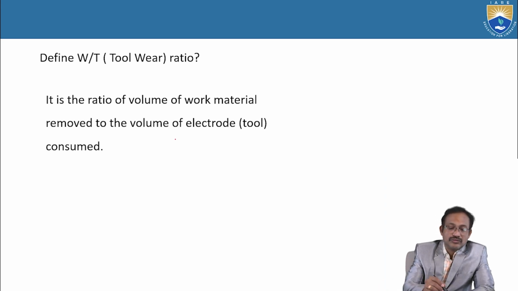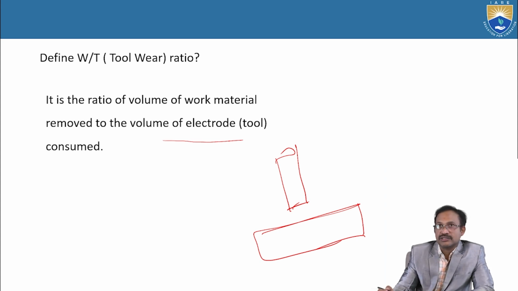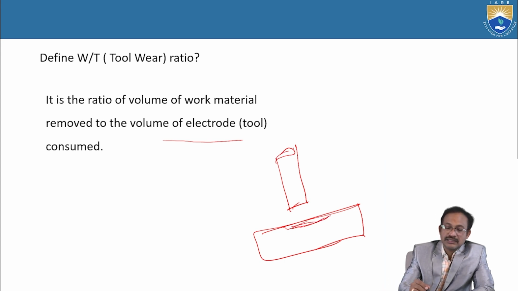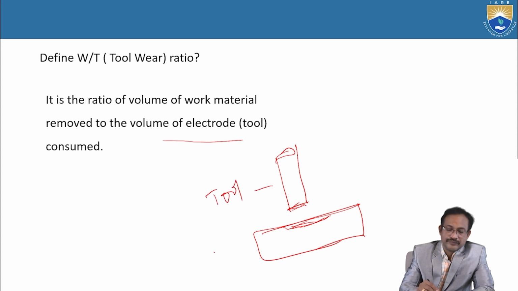Here both tool and workpiece material will be removed during the process. Usually, we need to remove the material from the workpiece. But there is a possibility that some amount of material will be removed from the tool also.